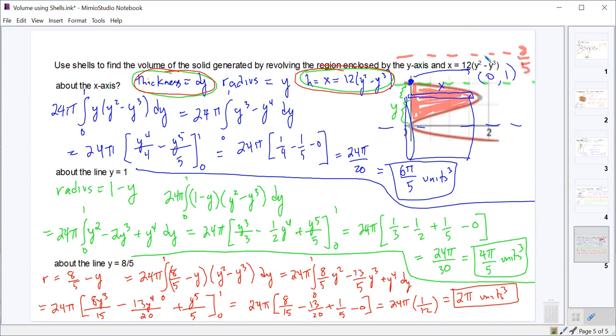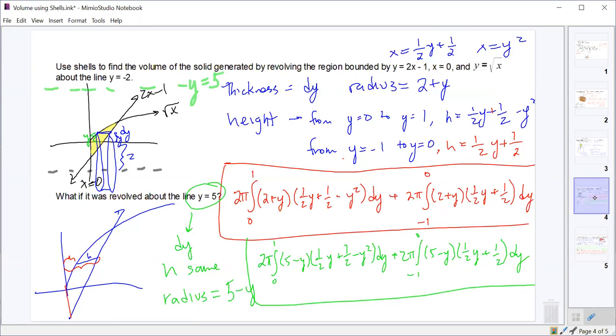Yeah, you can use either one for any problem as long as the equations and the variables allow you to. Does that make sense? Theoretically, we could have used washers for this one if this equation allowed us to, but it didn't. Back here, when we did this one, there was a giant pane. We revolved it around this line.